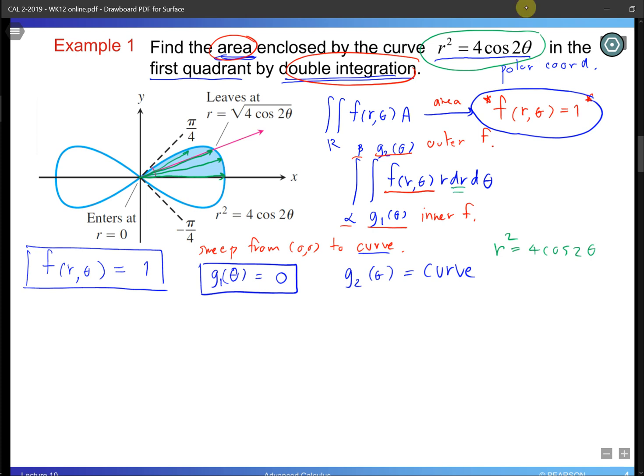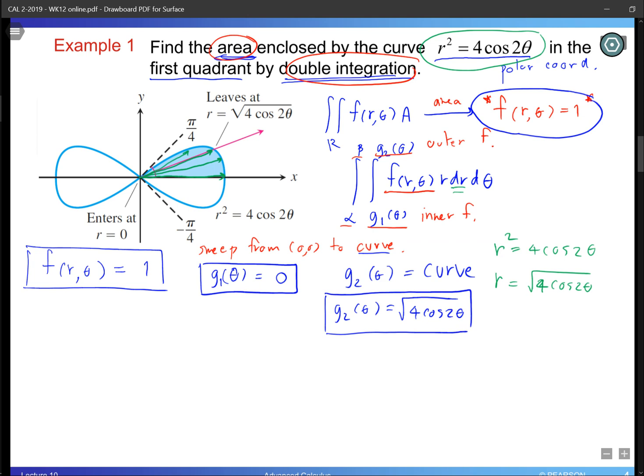Let's use r equal to square root of 4 cosine 2 theta. So g2 theta equals square root of 4 cosine 2 theta, and that is the outer curve, and g1 is the inner.